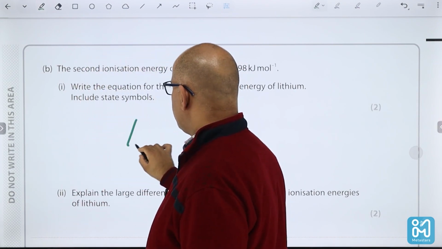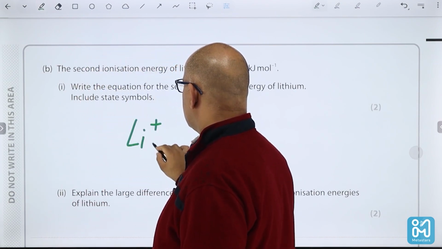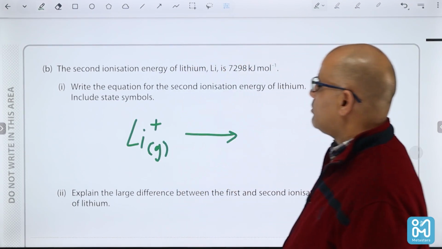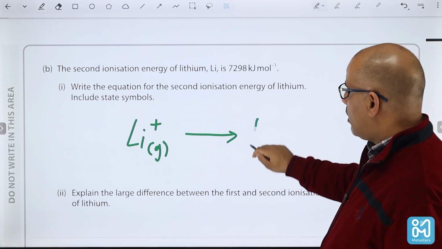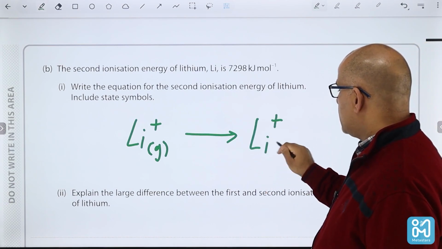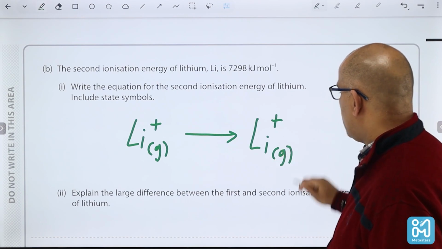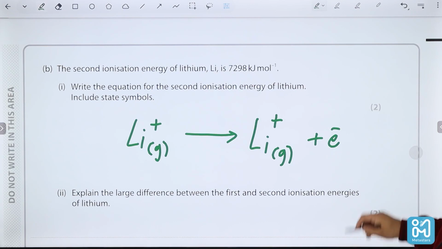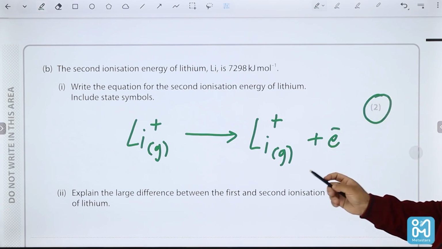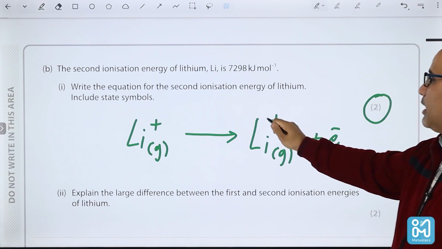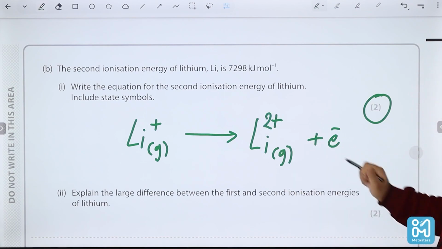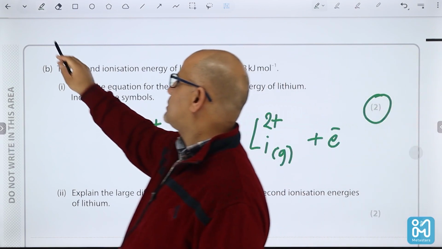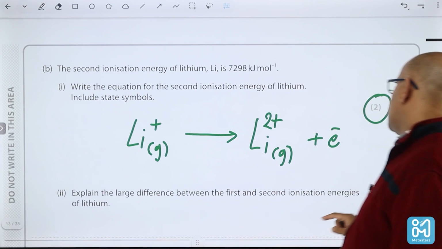You will see lithium is positively charged first in the gaseous state, and the second ionization energy is to knock out the second electron from the unipositive ion, plus an electron. The 2 marks are for the correct formula, the correct charge and the state symbols.